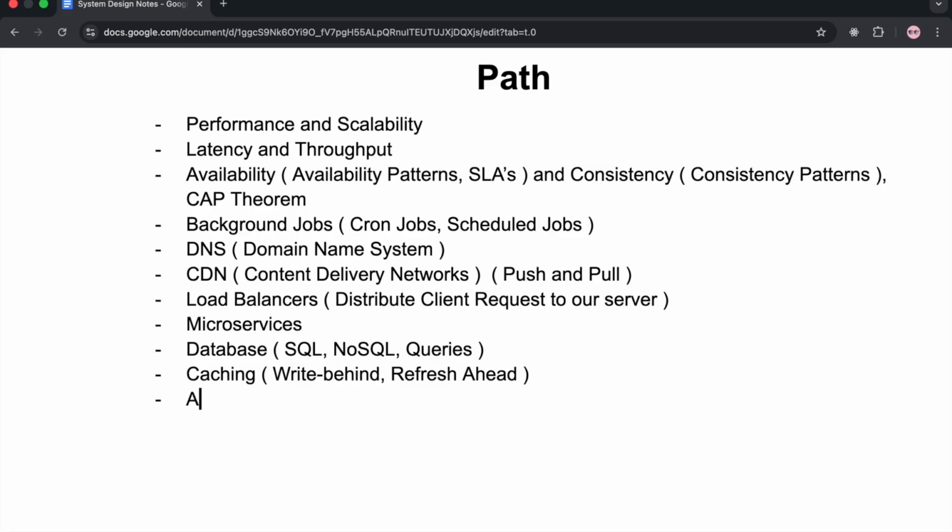And we will talk about async processes, like message queues and back pressure.